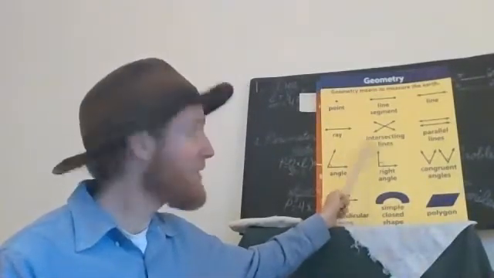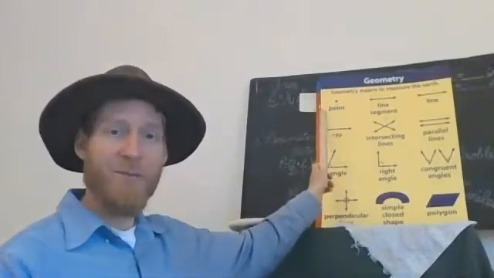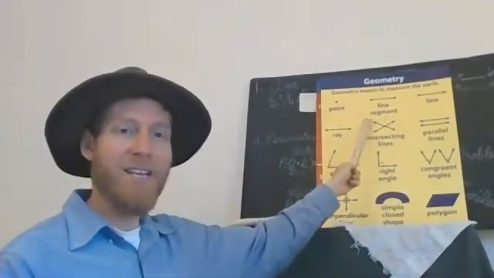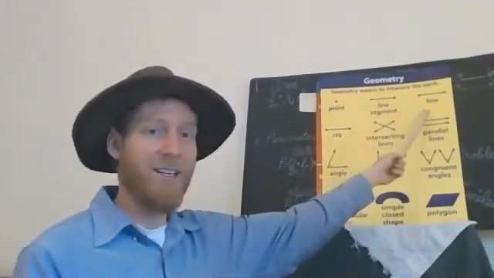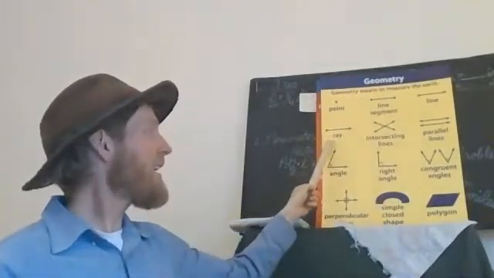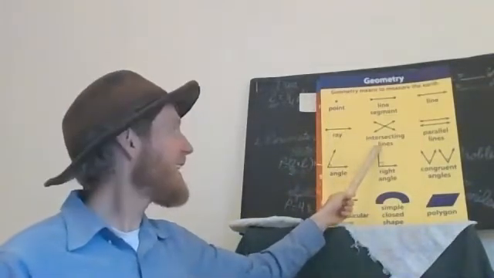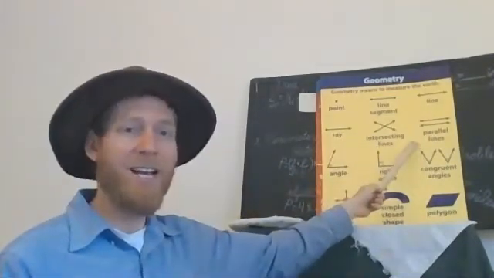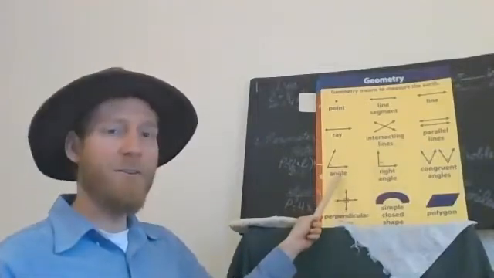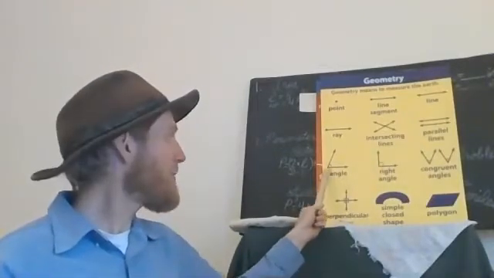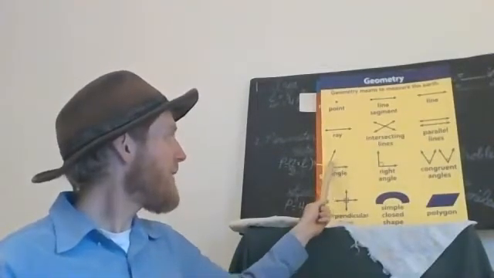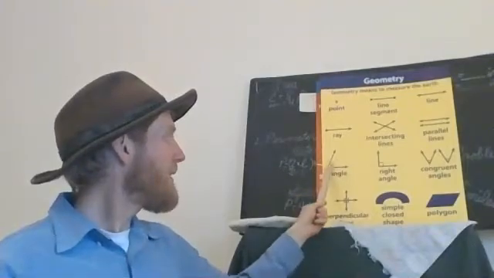You see these? Don't forget these. Say them with me. Point, line, segment, line. Then we have ray, intersecting lines, parallel lines, angle, that's just any angle, and of course it can be a small angle, it could be a large angle, but any angle.